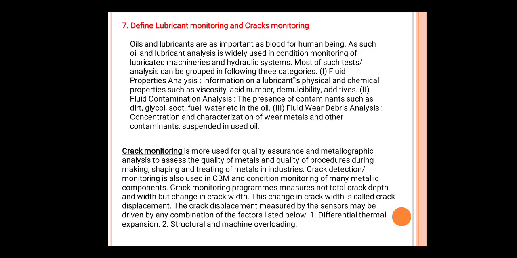Crack detection monitoring is also used in CBM, that is condition based maintenance, and condition monitoring of many metallic components. Crack monitoring programs measure not the total width but what is called crack displacement. The crack displacement measured by the sensors may be driven by any combination of the factors listed below, which are differential thermal expansion, and structural and machine overhauling.